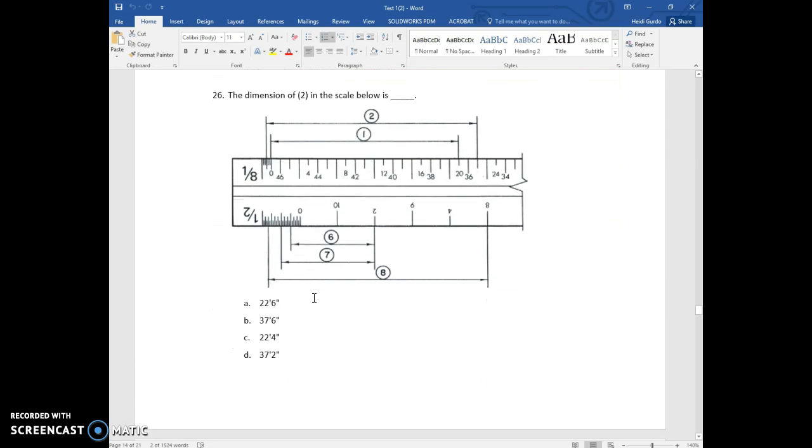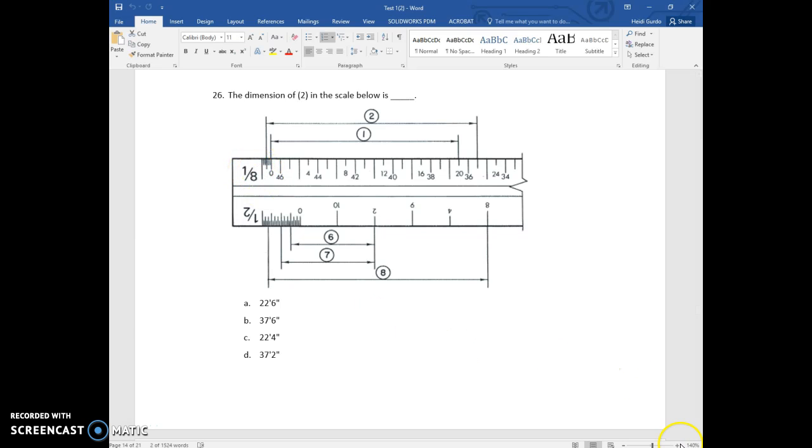Number 26, if you're still having trouble with scales, I recommend that you come and see me so that we can discuss this. Remember that back here, these represent inches, and it's always going to be 12 inches. There could be fewer than 12 tick marks here, or more than 12 tick marks, but it's always going to be 12 inches.